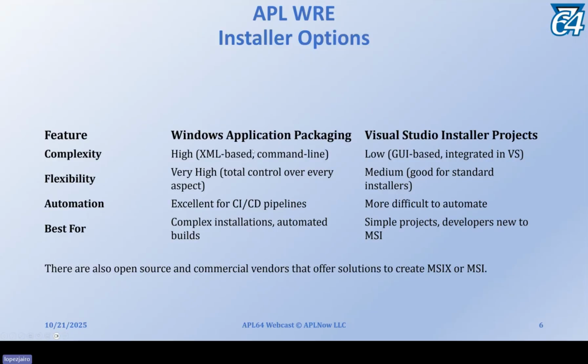The Windows application package, the complexity is high. This is what I love to refer to as a rabbit hole. If you go down the rabbit hole, you may never come back. You can do anything you can imagine. It is incredibly flexible, but you need to pay your dues and learn a little bit, probably a week, probably 2 weeks. Flexibility is out of this world.